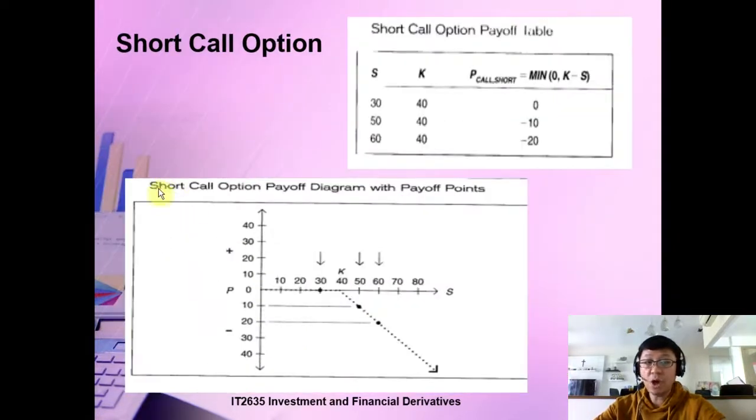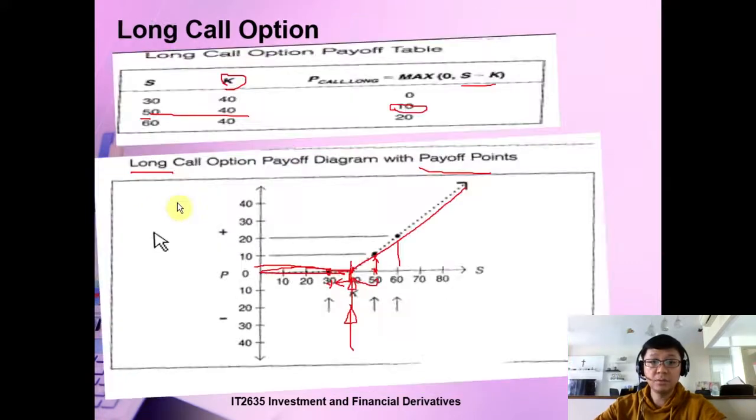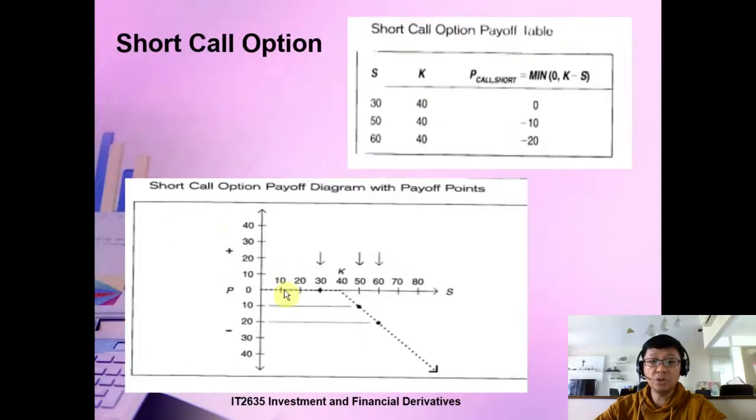The opposite of the long call is the short call. You can see that whatever happens in the long call, the payoff comes from the short call. Just now we had this long call, assuming this is a zero.